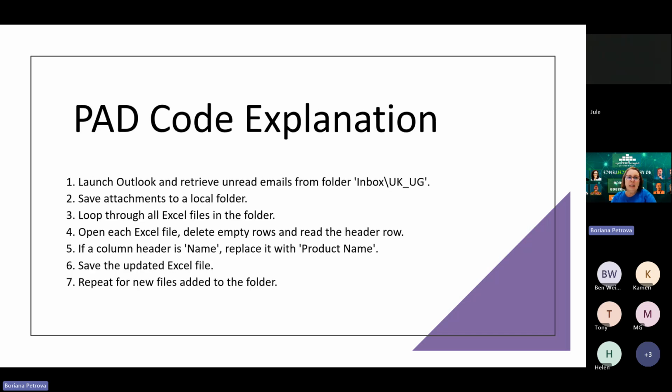So the solution here is a super basic Power Automate for desktop flow. This is the next step that I will present in a demo, but at the beginning you will see the big picture.